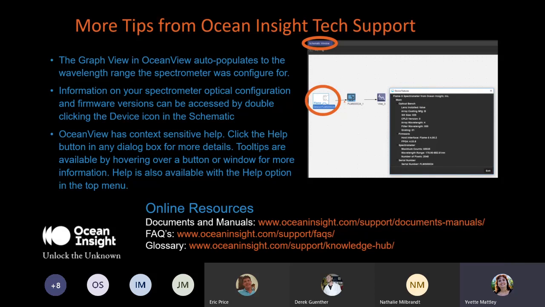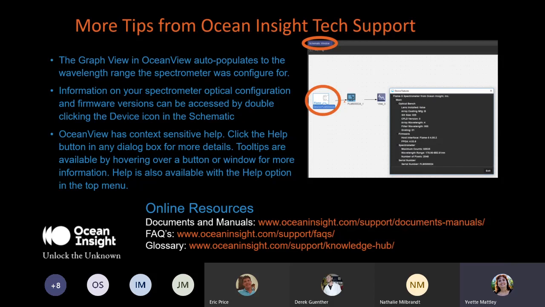This is going to be especially helpful with the change in the icons and the graphical user interface that we have in OceanView 2.0. So just hover your mouse over things and you'll be able to see what the name of those buttons are. And there's also help available with the help option at the very top of the menu. So lots of different options to help you get up and running quickly with OceanView.